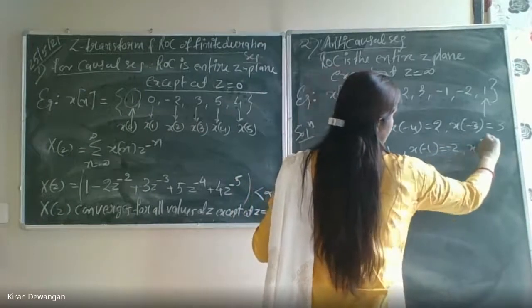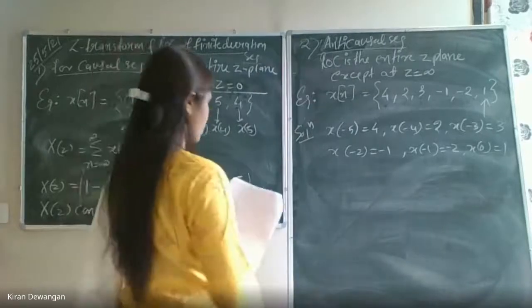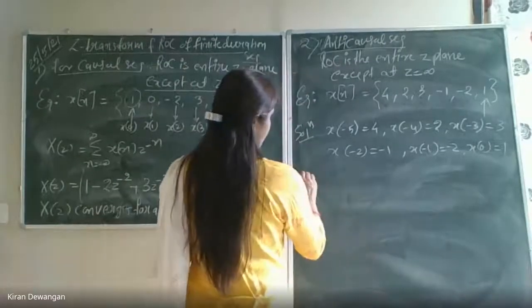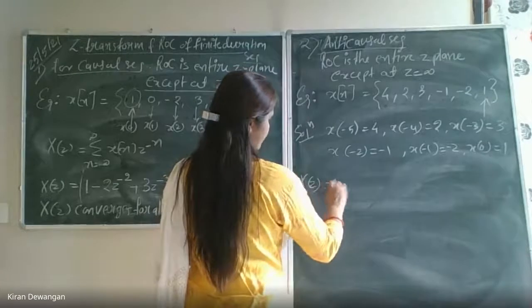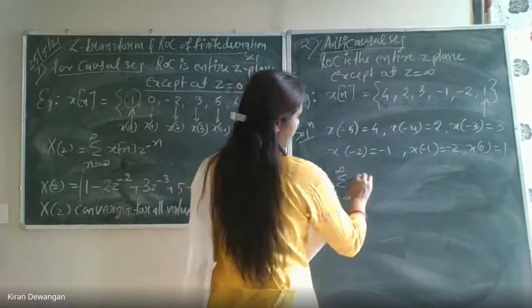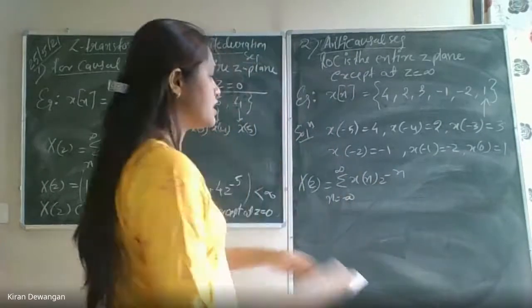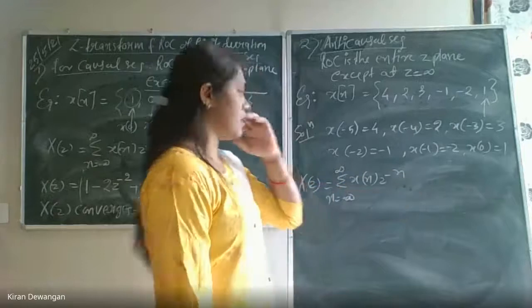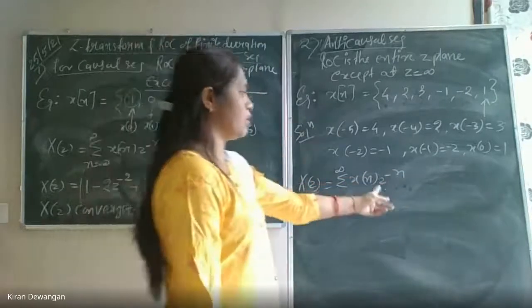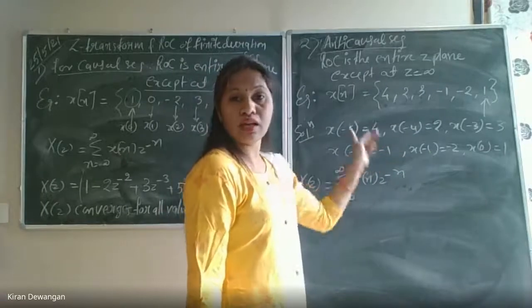And x of 0 is 1. ठीक है, so these are the different values of x of n, and if we write the x of z, summation n minus infinity to infinity x of n z to the power minus n. Now since it is already z to the power minus n, now it will be converted to z to the power positive values of z, because these are all values are negative.